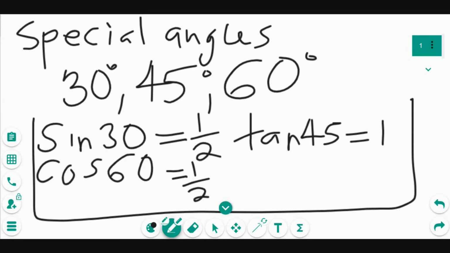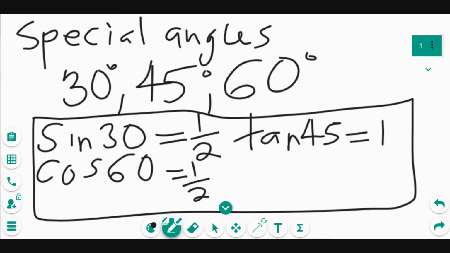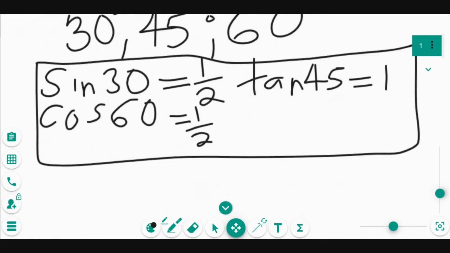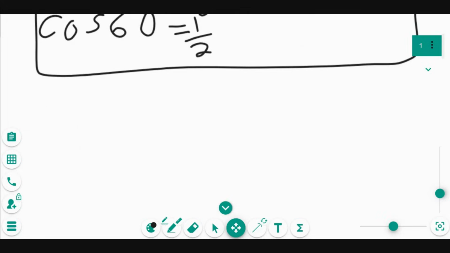That we should know without touching a calculator, that the sine of 30 is a half, the cosine of 60 is a half, and the tan of 45 is 1. Of course, this is science. We must be able to prove that.